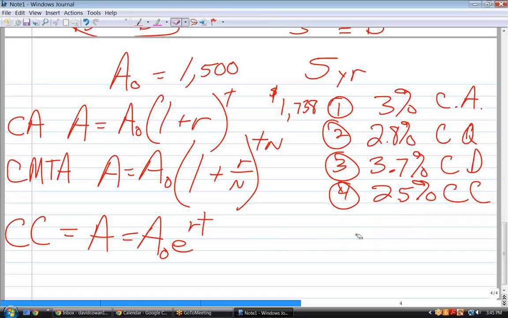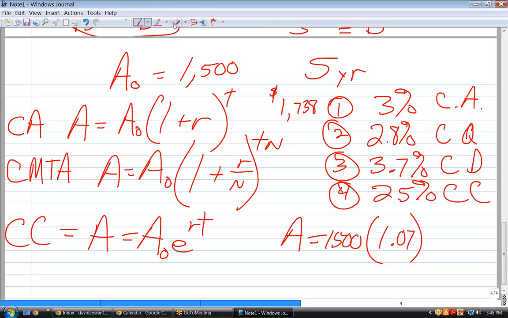For the second one, it would be $1,500 times 1 plus the rate over n, would that be 2.8 over 4? Yes, exactly. So then that's 1 plus 0.07?